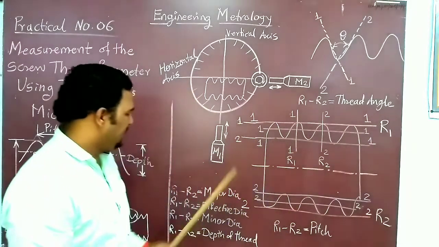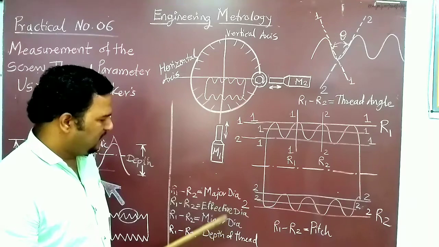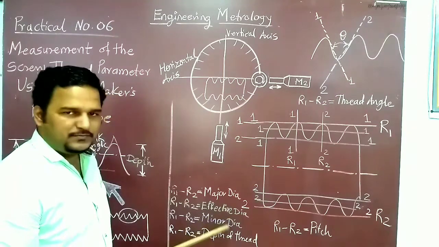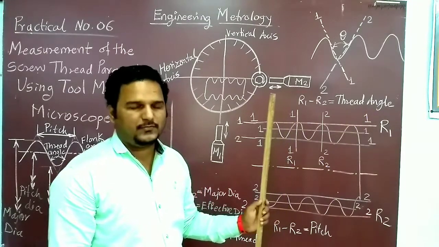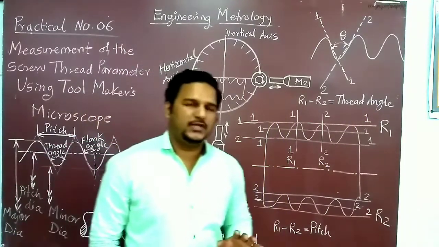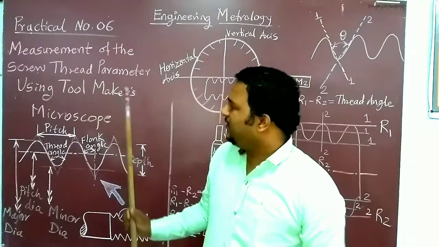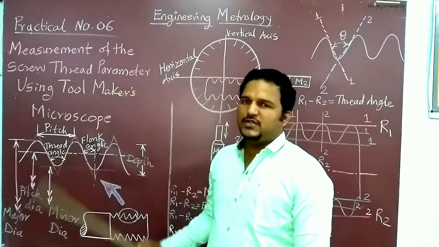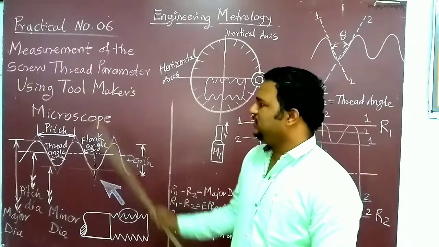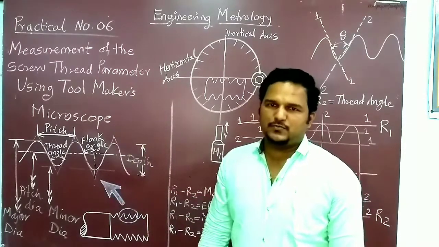Okay, so we have discussed 3 diameters, depth of thread, pitch and thread angle. So the major terminology is covered, and our practical outcome is also achieved. The practical outcome is we need to measure the various terminology using the toolmaker's microscope.